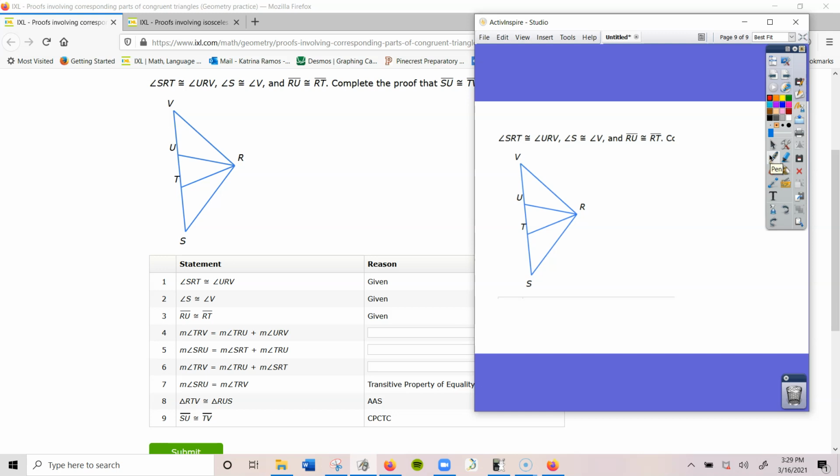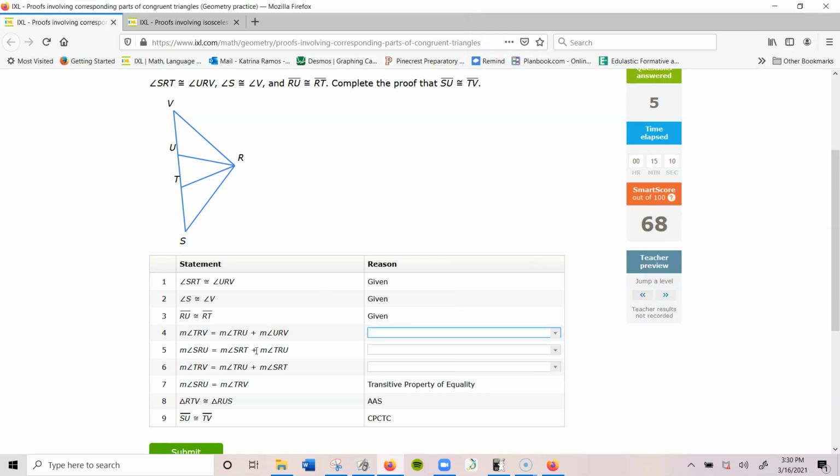We have that angle SRT is congruent to angle URV. Okay, then angle S is congruent to angle V, and RU is congruent to RT. Now, actually, we don't even need the diagram for this one.